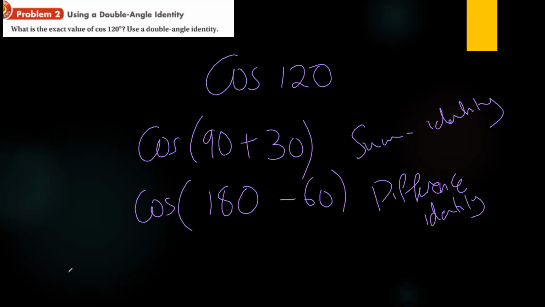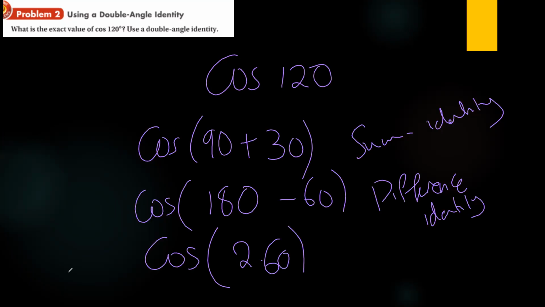So in order to find cosine of 120, I can find it from the unit circle, from the angle sum identity, or from the difference angle identity. So I can say cosine of 120 is 90 plus 30, 180 minus 60, or we can say it is 2 times 60 by the double angle identity.